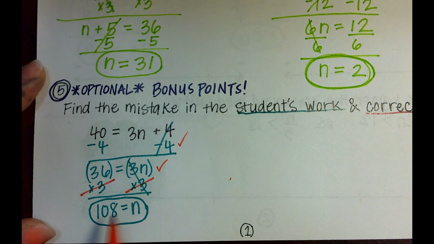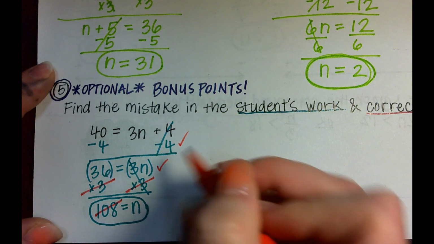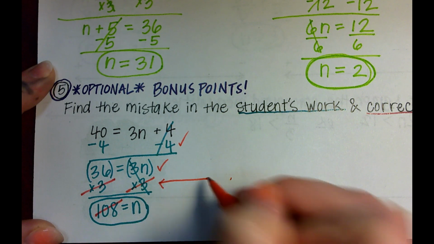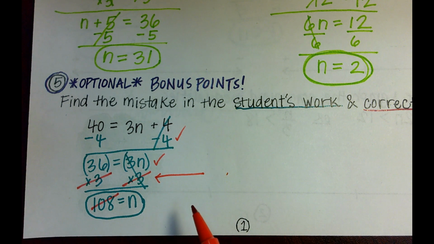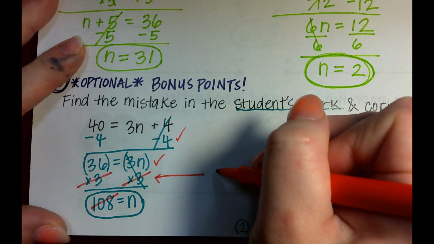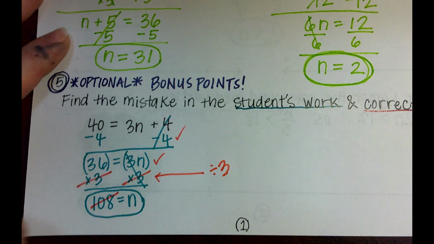And if they did that wrong, their answer's got to be wrong too, right? Now to correct it, what could we write to say how to correct it? Yeah, we should divide by 3 instead.